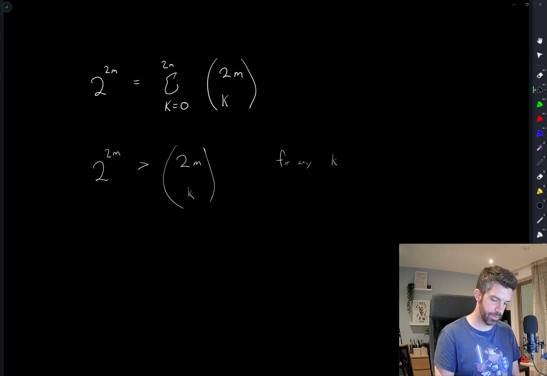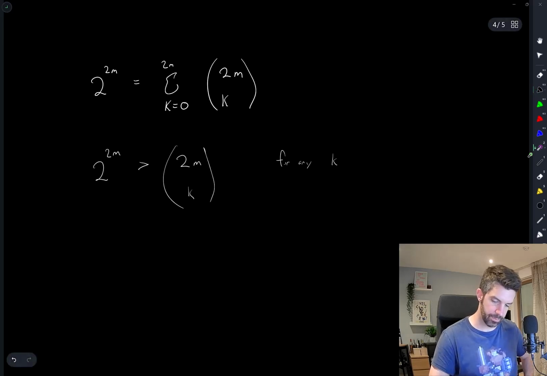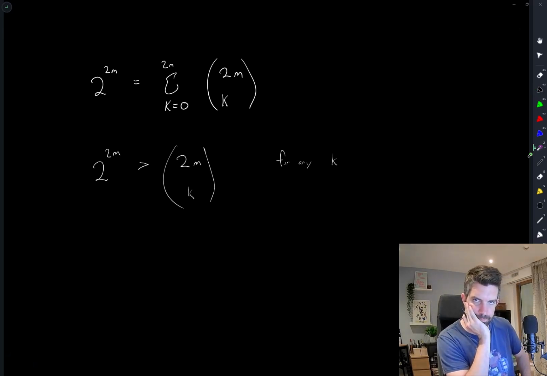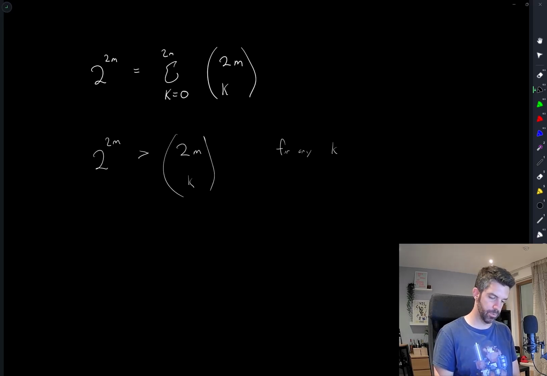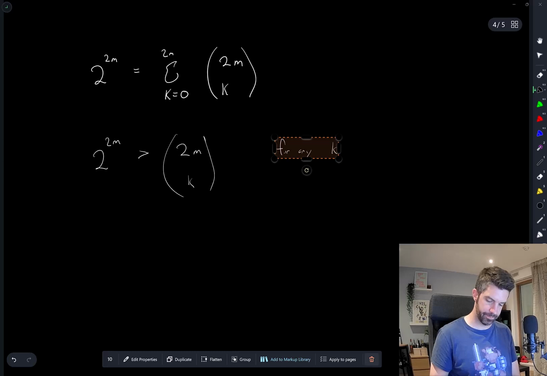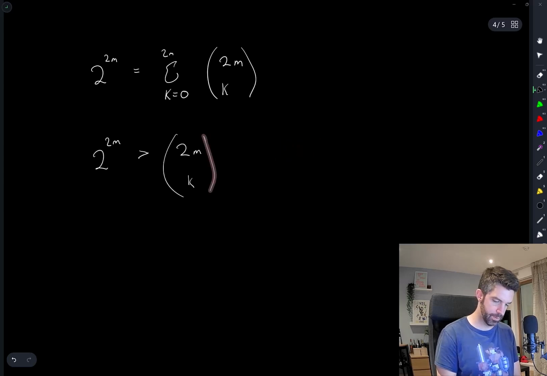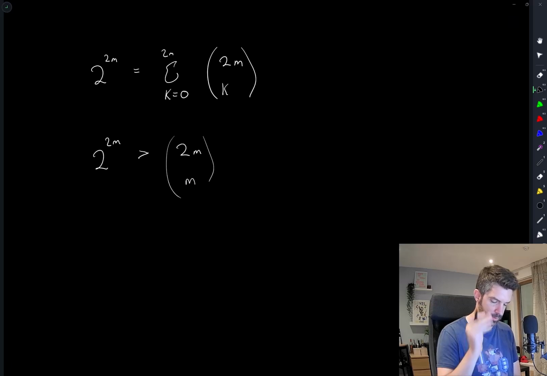I mean, also for any k where this statement makes sense. So obviously, in particular, it's true for 2m choose m, but we need it for 2m plus 1.